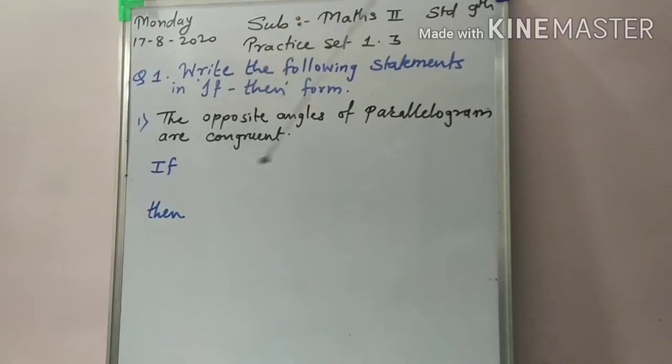If the given quadrilateral is a parallelogram, then its opposite angles are congruent. That is the if-then form.